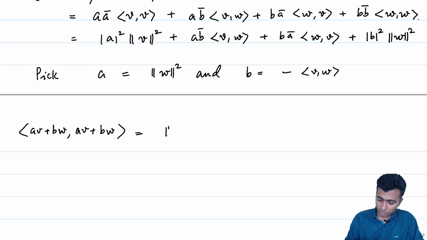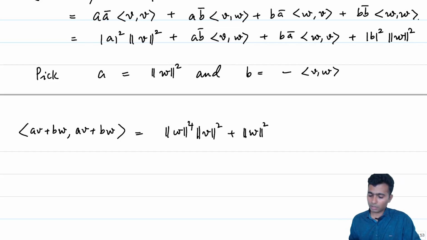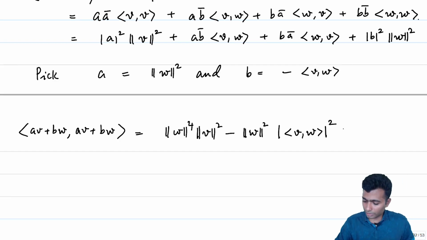And this hence will tell us that the inner product of AV plus BW with itself is equal to the length of W to the power 4 times length of V square plus the length of W square times B bar. B bar is just minus of V comma W the whole bar, so this is going to be minus, and this will be just the inner product of V with W square. What is the next term?